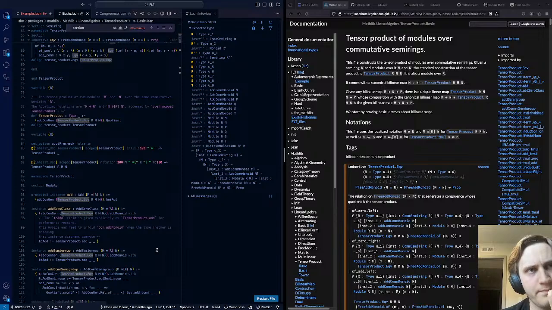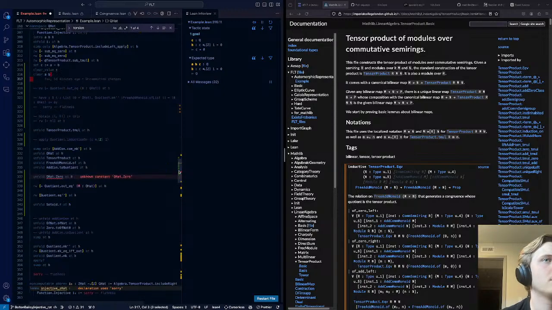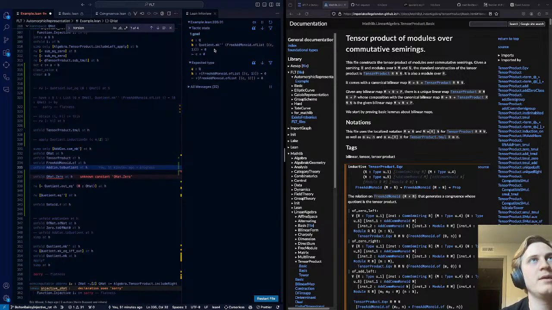That should be what I should be proving, where am I? What I should be proving here, right? So I can reduce this to its list form. But the point is that 0 should be an empty list.